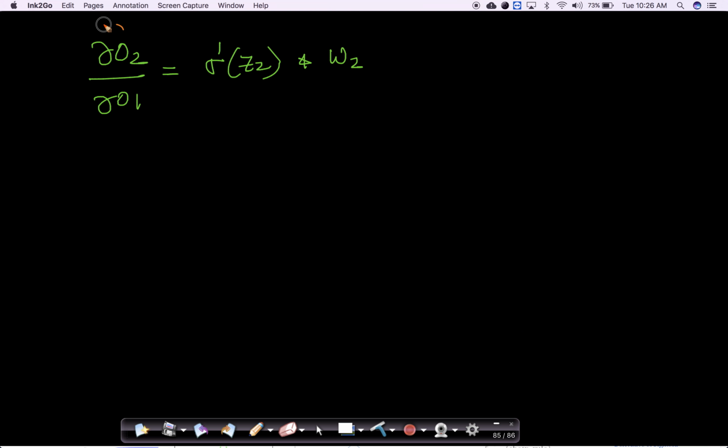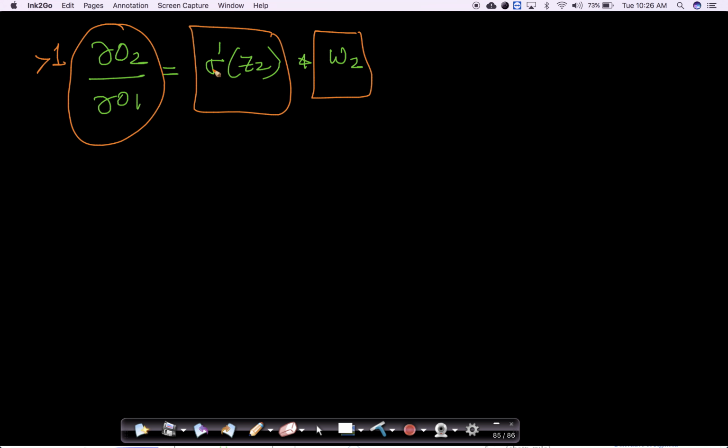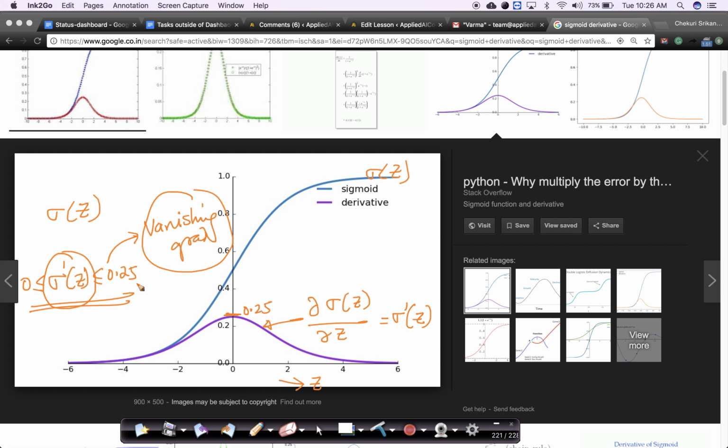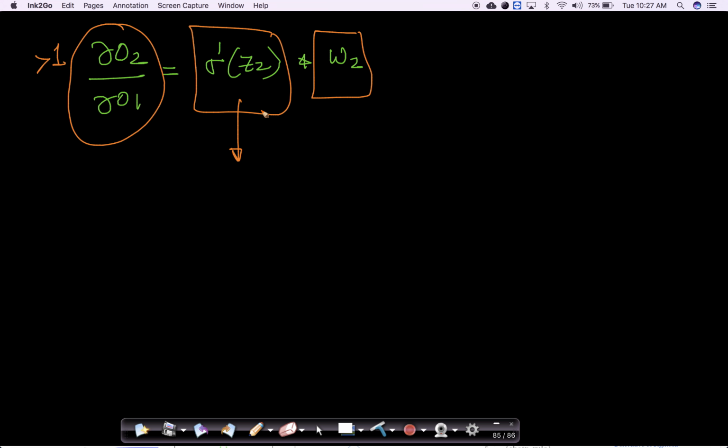Now comes the fun part. Now we want to prove that this can be greater than 1, which means we want to prove that the product of these two can be greater than 1. Now let's look at this. We know that this derivative lies between 0 and 0.25.